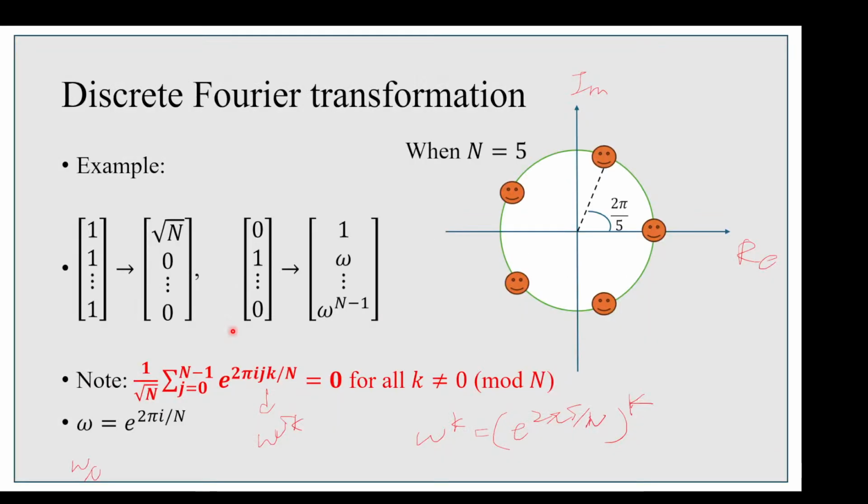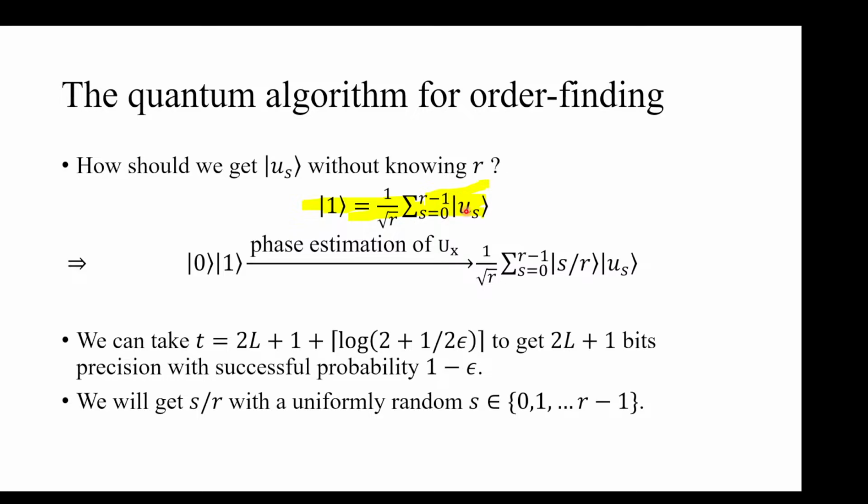We use this Fourier transform relationship to see that if we add all of those u's together, then you actually get this one state. So 1 is the equal superposition of all the possible u's. Okay, so if you do phase estimation on 1, you are basically doing phase estimation on a random s.